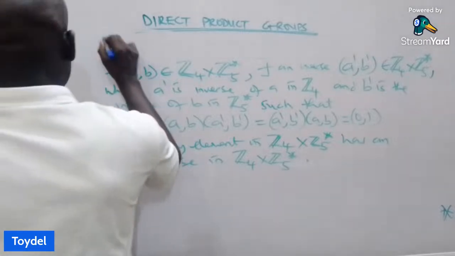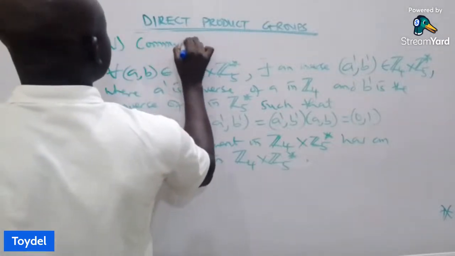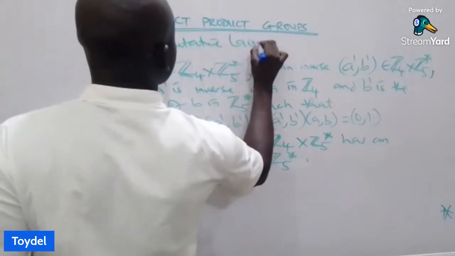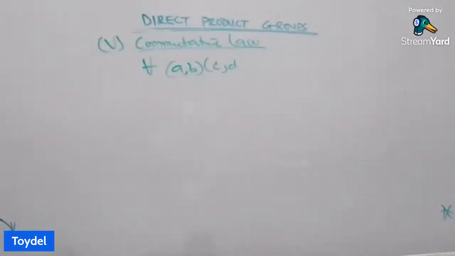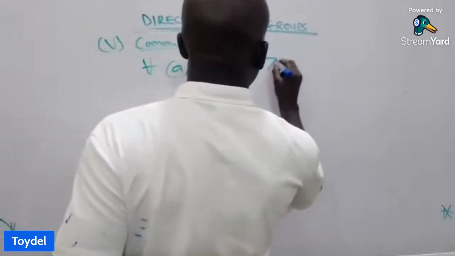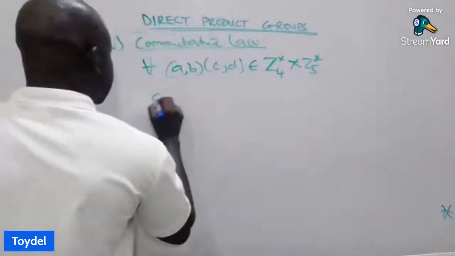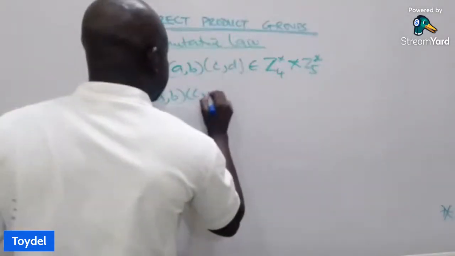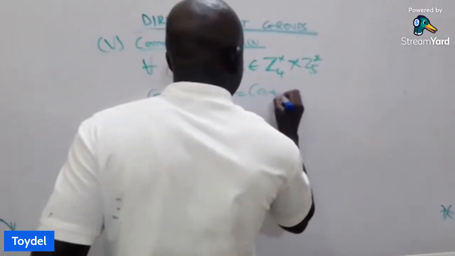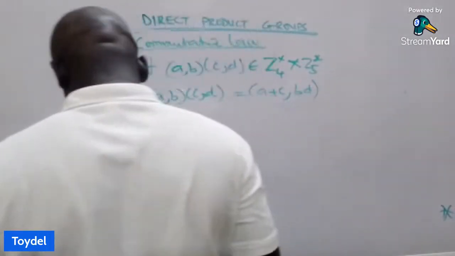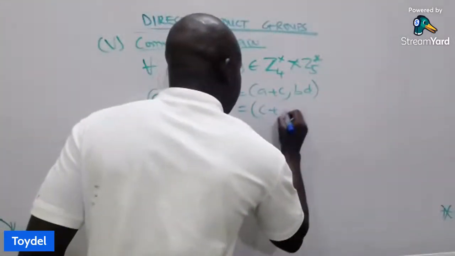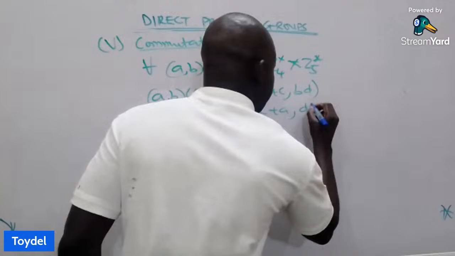And that last property is the commutative law. In this case, we have for all (A, B) and (C, D) that belongs to Z4 cross Z5 asterisk, if we get (A, B) times (C, D), which is equal to A plus C, then B multiplied by D, can we rewrite it as C plus A, D times B?